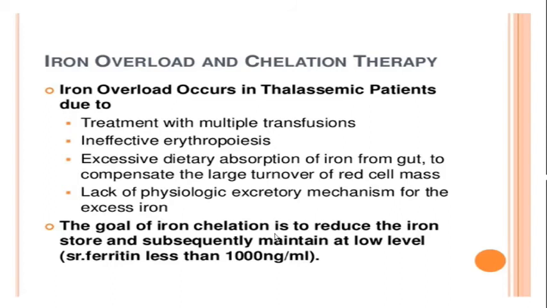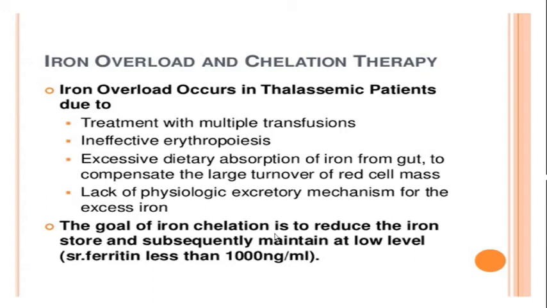One of the very intriguing complications of transfusion is the iron overload which occurs in thalassemic patients because of multiple transfusions and lack of a physiological excretion mechanism for the excess iron.